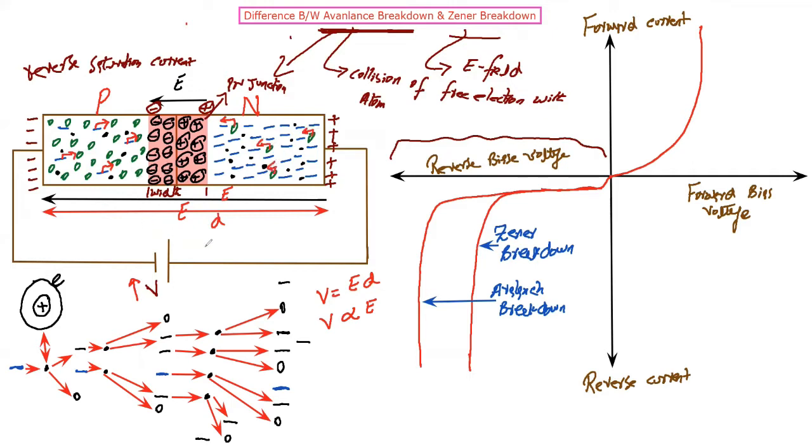As we know, current is equal to the flow of charges. So when these charges start moving, current will get generated. That current is known as reverse saturation current. This is your reverse saturation current.